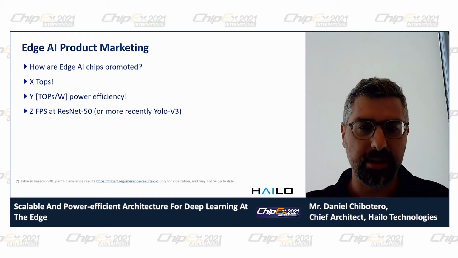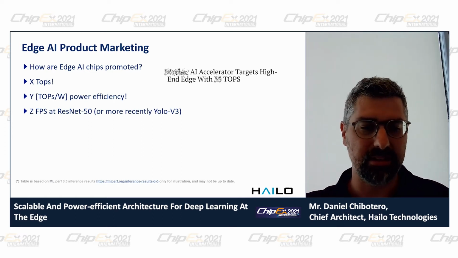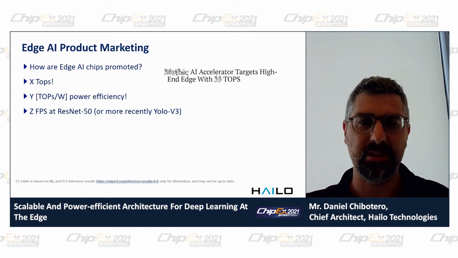So if we are looking at the booming edge AI landscape, we see that these products are marketed with 3 major figures. First one is the TOPS. These are the usual product marketing you get with TOPS. AI accelerator has X TOPS.